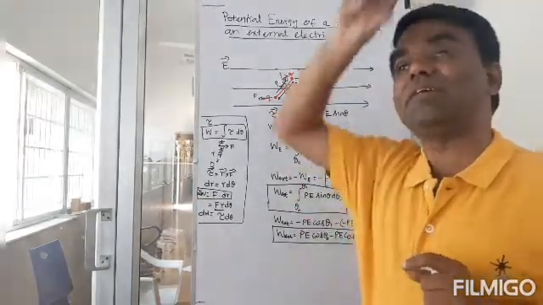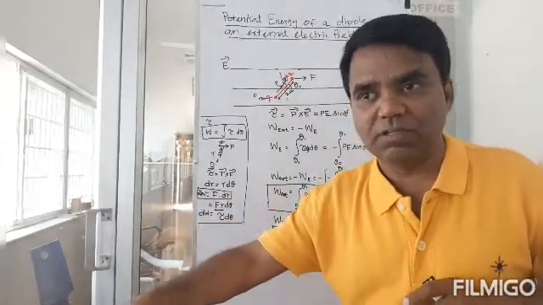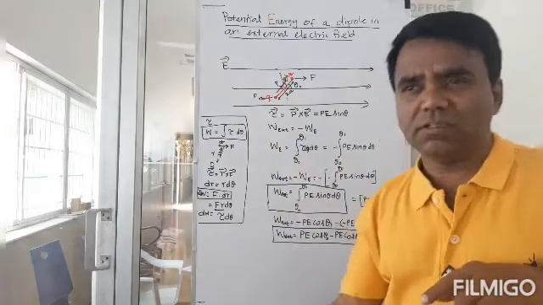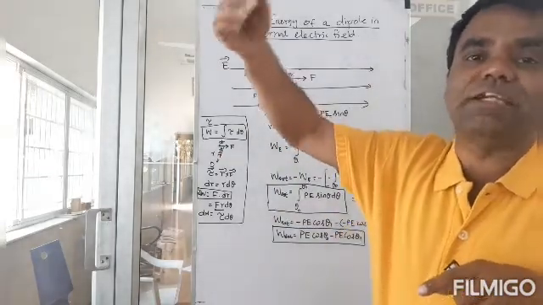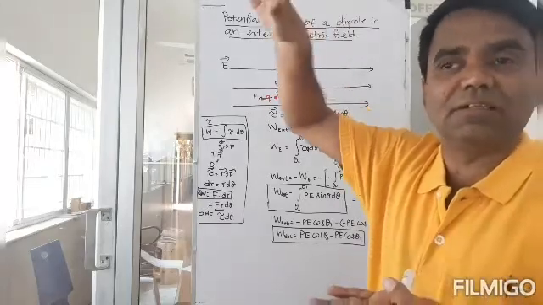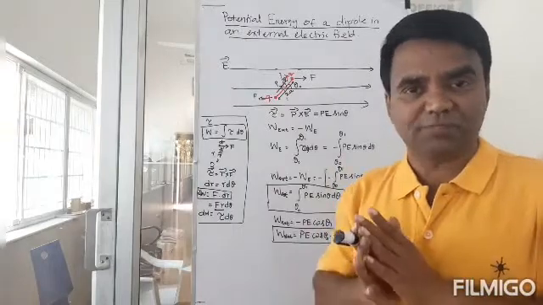Even in that case, I can take the ground as 0, and then assign maybe 13 feet as one point, and 13 feet plus h distance as the other point. Even then, the potential energy difference will be the same, right?